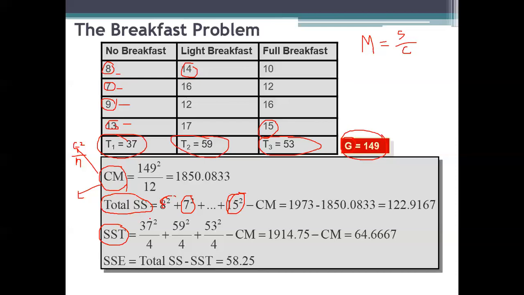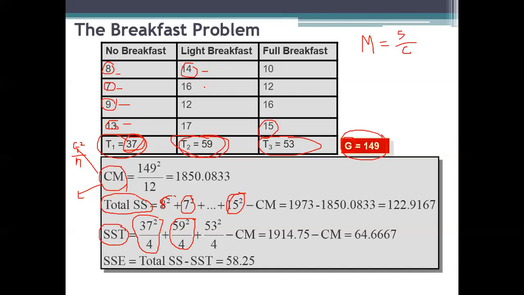Okay, so the total value of the sample is 37 square divided by 4, and then plus 59 square divided by 4. This one is the second group, 59 square divided by 4.